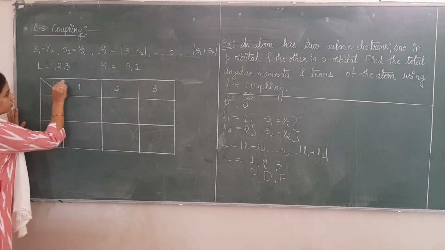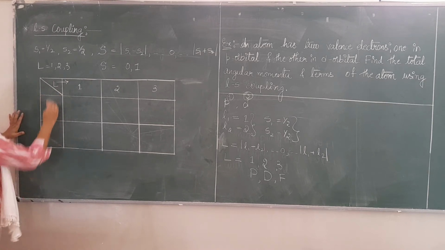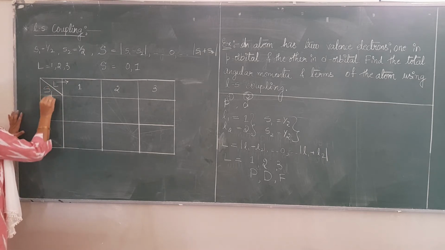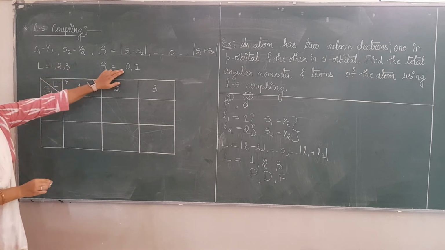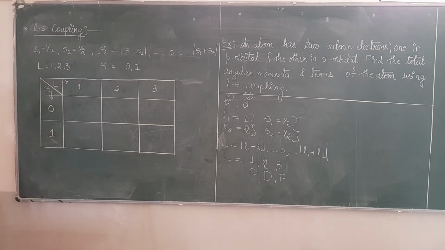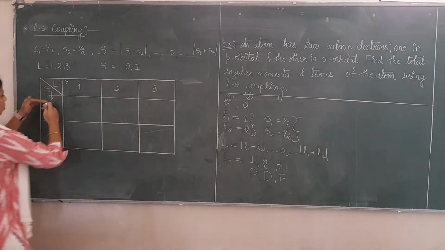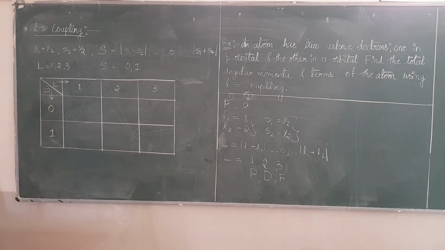Then these two rows are going to indicate the values of S. The values of S we have got are 0 and 1. So all the columns indicate the values of L, and the rows indicate the values of S.